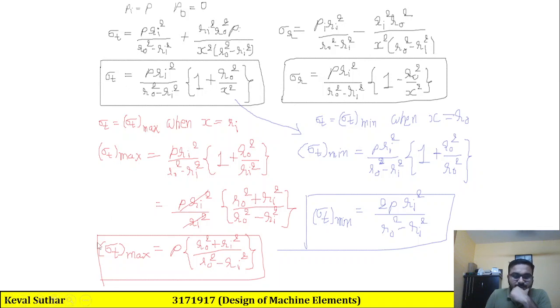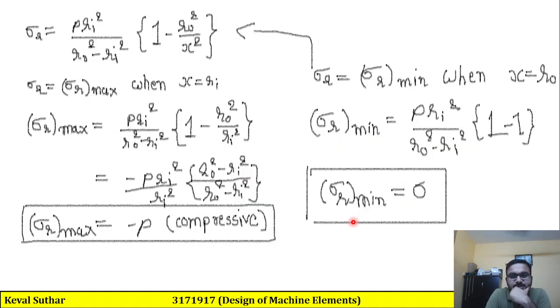This is the first equation, tangential stress, and this is the radial stress. So the value of maximum tangential stress and minimum tangential stress. Then again also we have maximum radial stress and minimum radial stress.